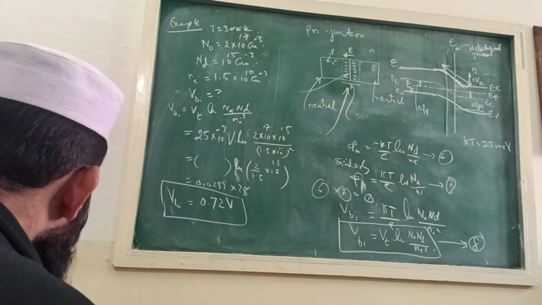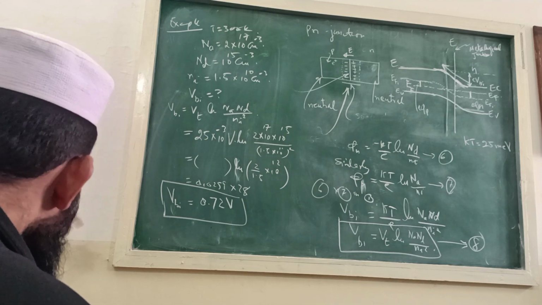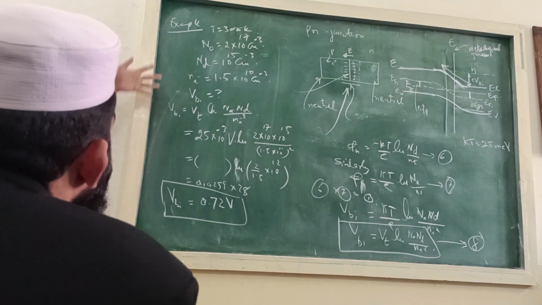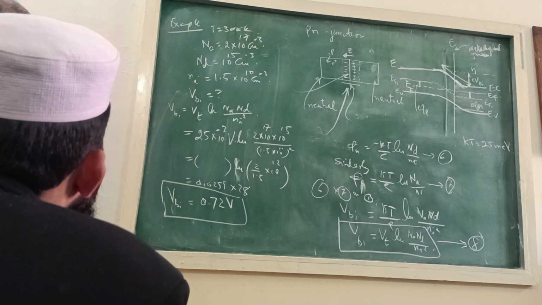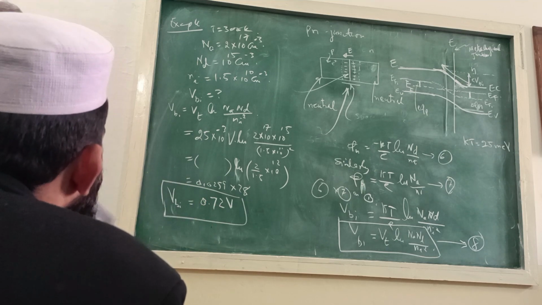So the built-in potential of a PN junction with these characteristics will be equal to 0.72 volts.